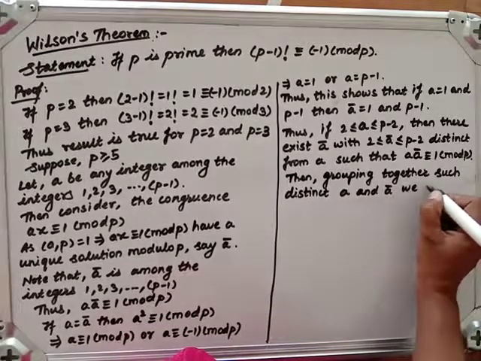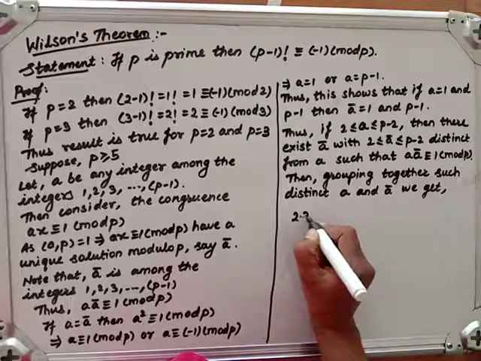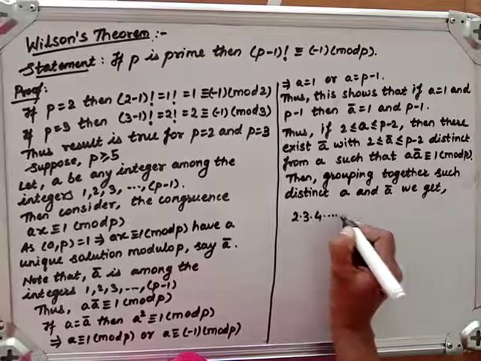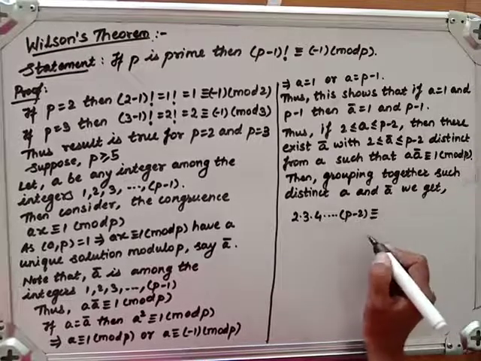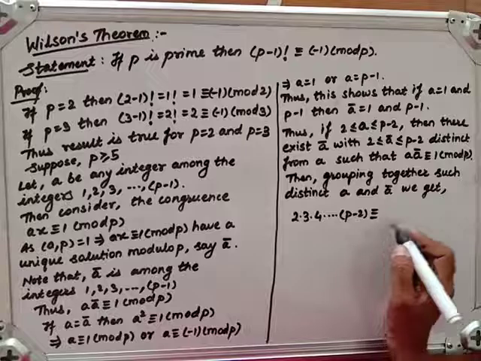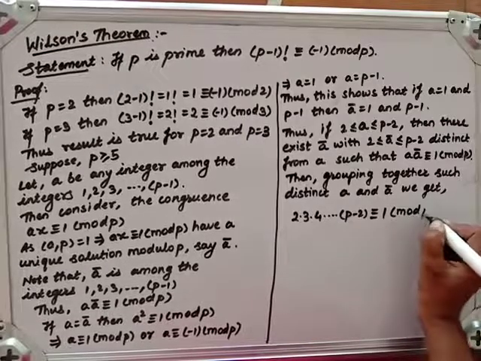We get 2 into 3 into 4 and so on up to p minus 2 congruence to 1 modulo p.